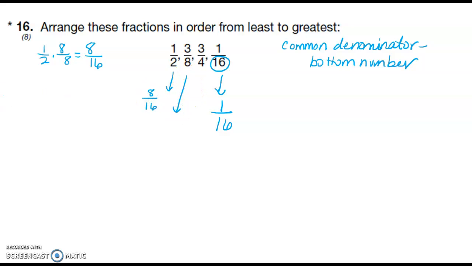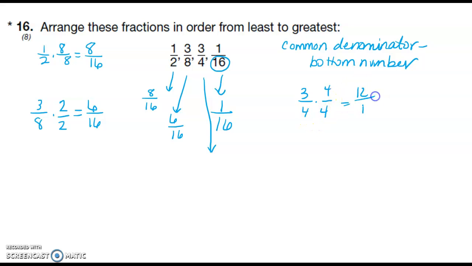And then let's do 3/8. Oh, where'd my thing go? I just wrote on something different. Okay. 3/8 times 2 over 2, because 8 times 2 is 16. 6 over 16. So that's going to be here. And then 3/4. So 4 times what gives me 16? 12/16.